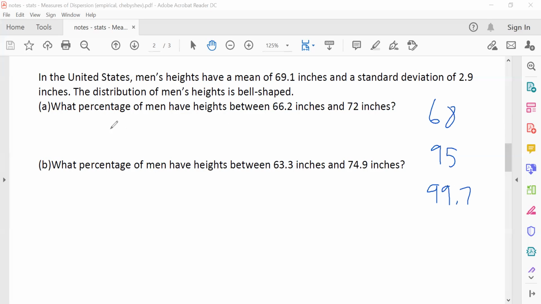So what percentage of men have heights between 66.2 and 72 inches? Okay, that's an interesting question, but wait a minute.